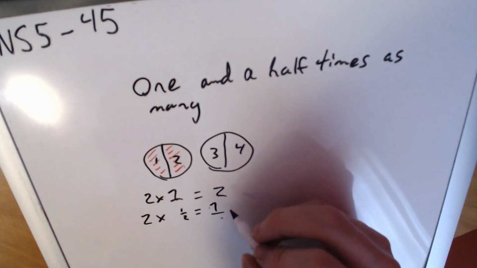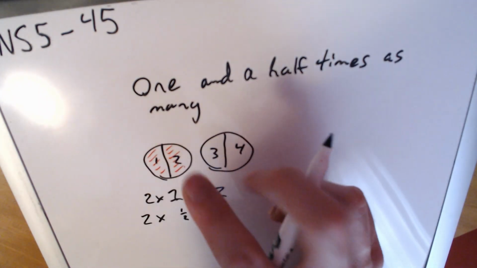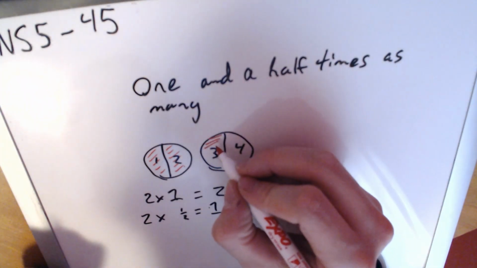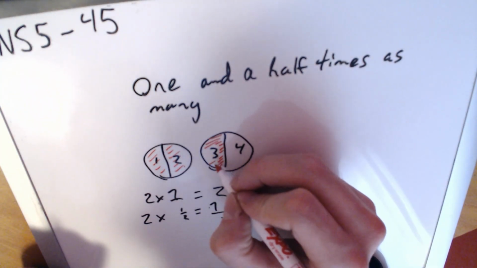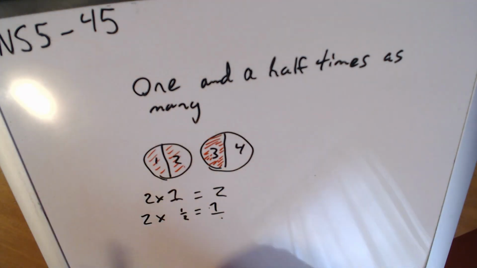So when we say 2.5, we're timesing it by 1, which gives us 1, and we also get an extra half of that amount. Now I know that's kind of hard to explain, but the idea there is that you get 1.5 times as many.